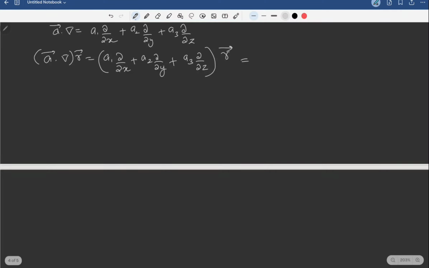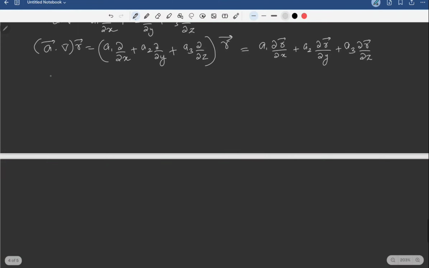If we simplify it we get, remember this is a linear operator, so we get a1 del r vector by del x plus a2 into del r vector by del y plus a3 into del r vector by del z. So we get a dot del into r is equal to, we'll have to simplify.